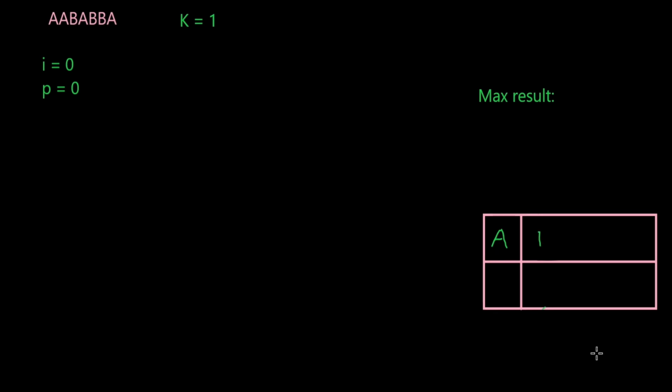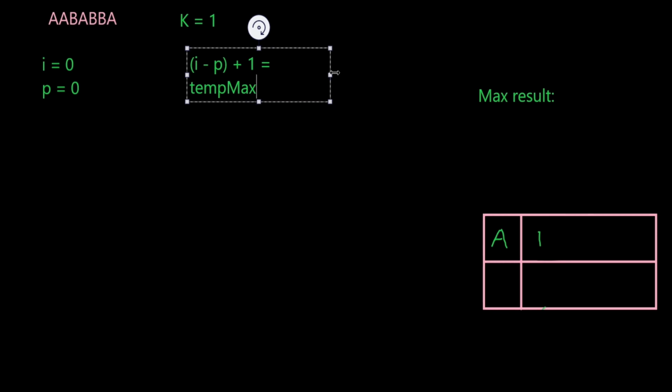And what do we need next? Well, we need the length of the current substring, the current window, which is 1. How do we get that? Remember our little formula, i minus p plus 1. This gives us our temp max, or the length of our current window or substring.